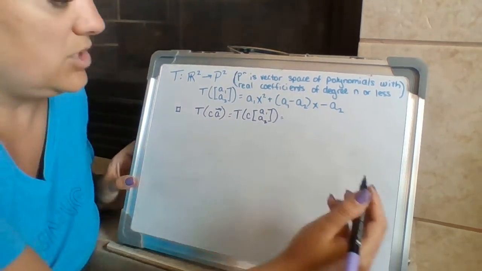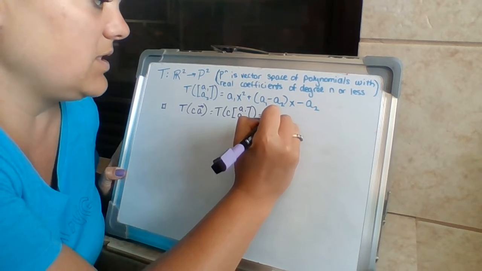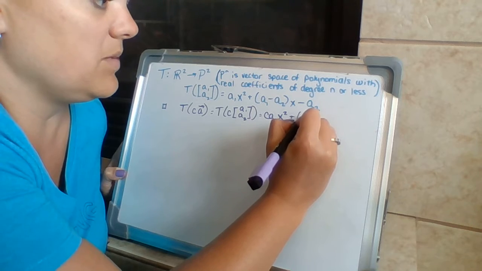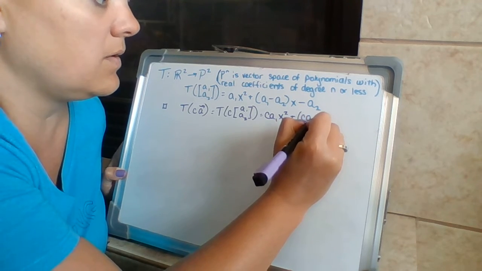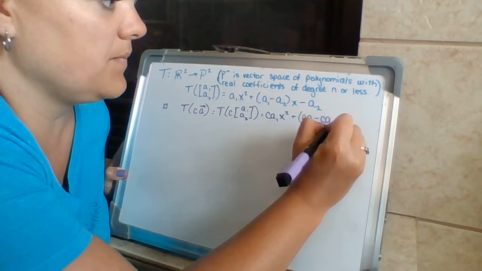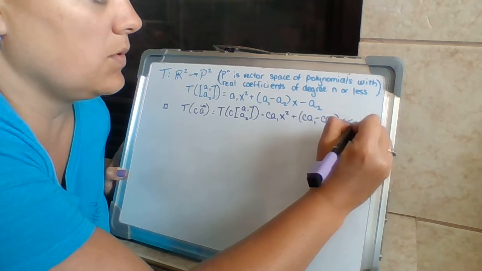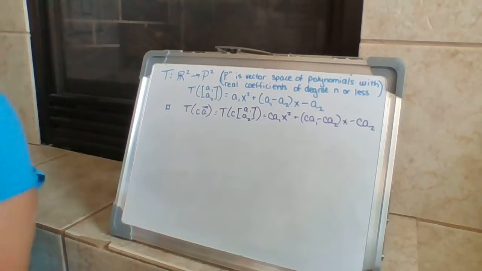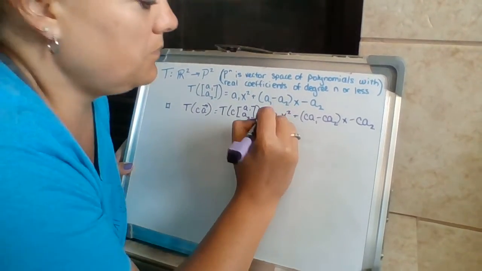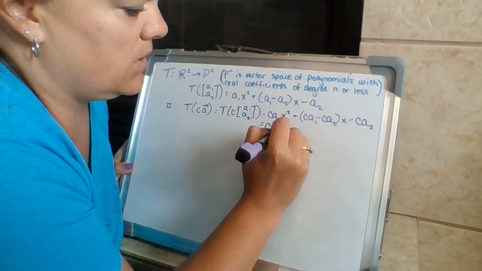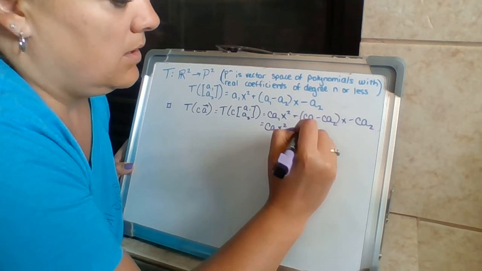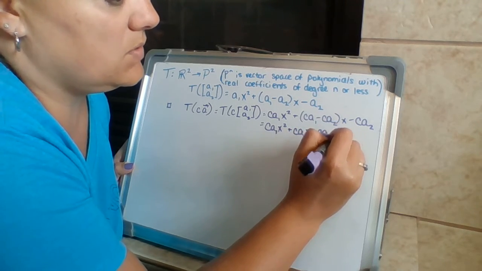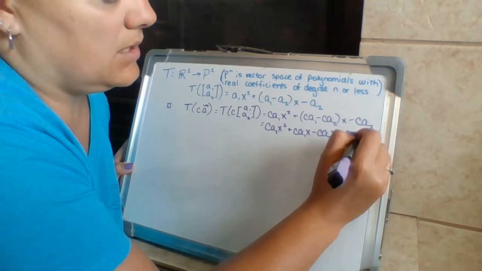Every time I have an a1 or an a2, I have the scalar being multiplied by it. So this is what it's going to look like. Now if I multiply some things out, I have c a1 x squared plus c a1 x minus c a2 x minus c a2.